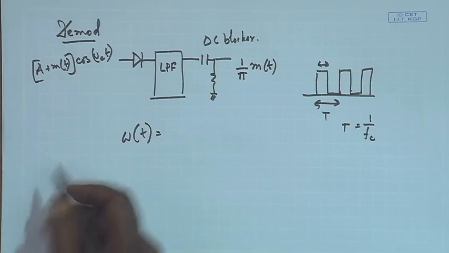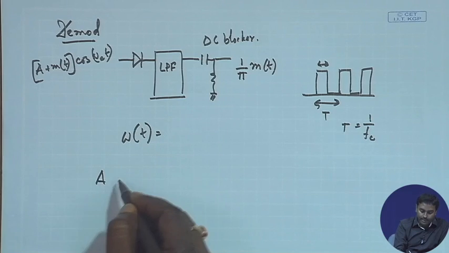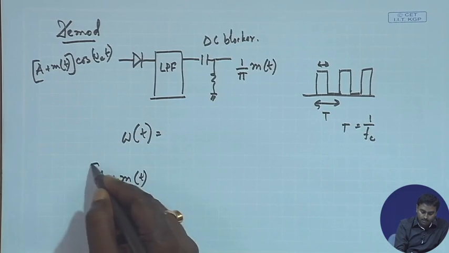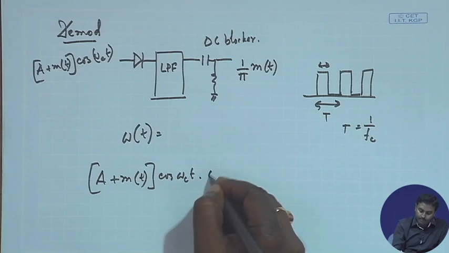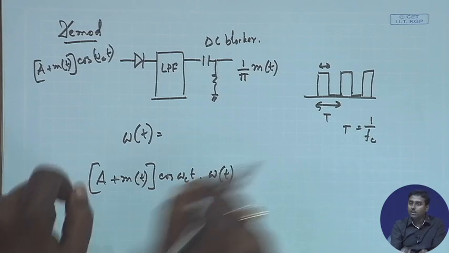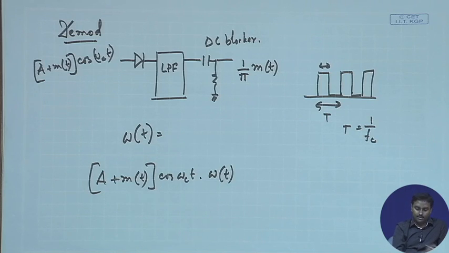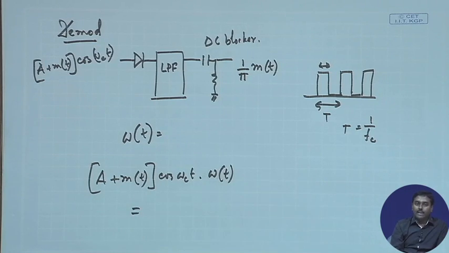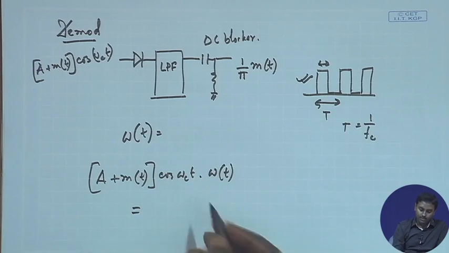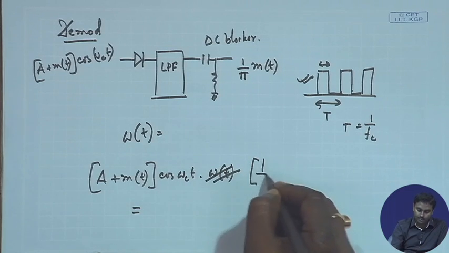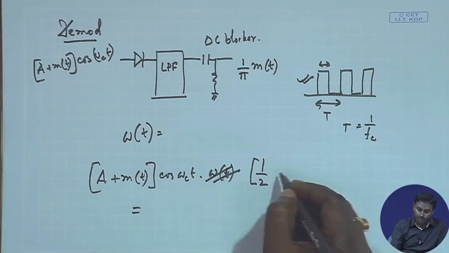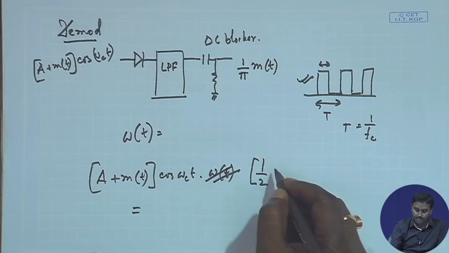I do not have to really bring a signal of this nature. The diode characteristic is almost like this w(t), as if completely synchronized with the signal getting multiplied, right. So I can write my output as A plus m(t) cos omega ct, which is my original signal, multiplied by w(t). That is the output of the diode. Now, this w(t) I can again expand in Fourier series, which we have seen in the previous class probably.